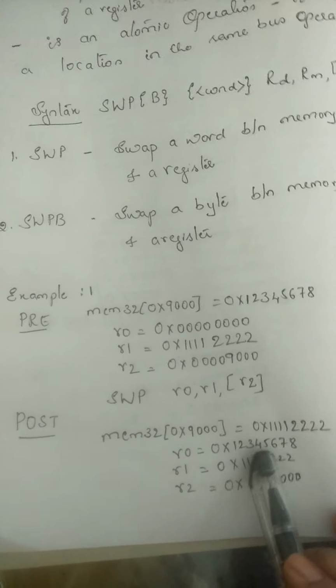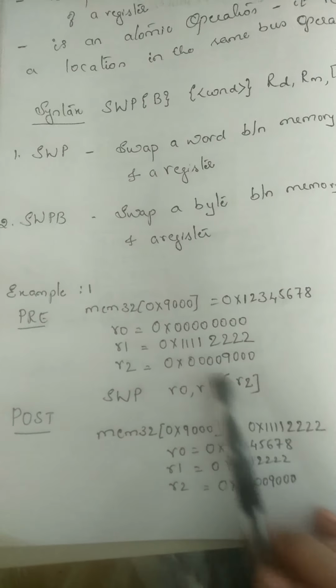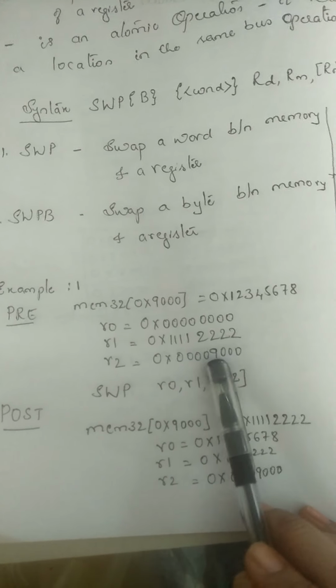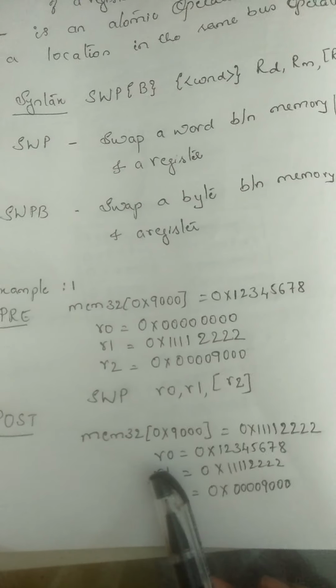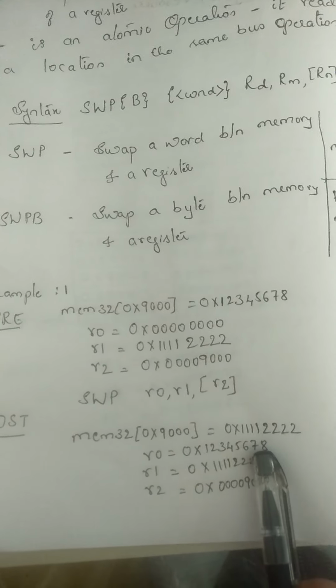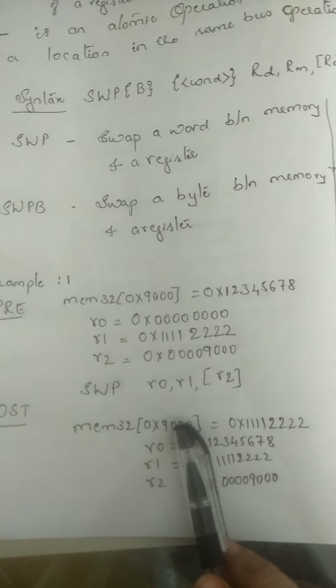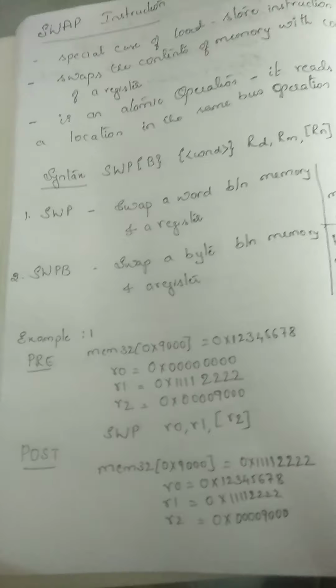So R0 contains that value, and R1 contains this, so that is moved to the location pointed to by R2. So R0 contains the data which was pointed to by R2, and the memory location contains the data of the R1 value. Okay, that is the swap instruction.